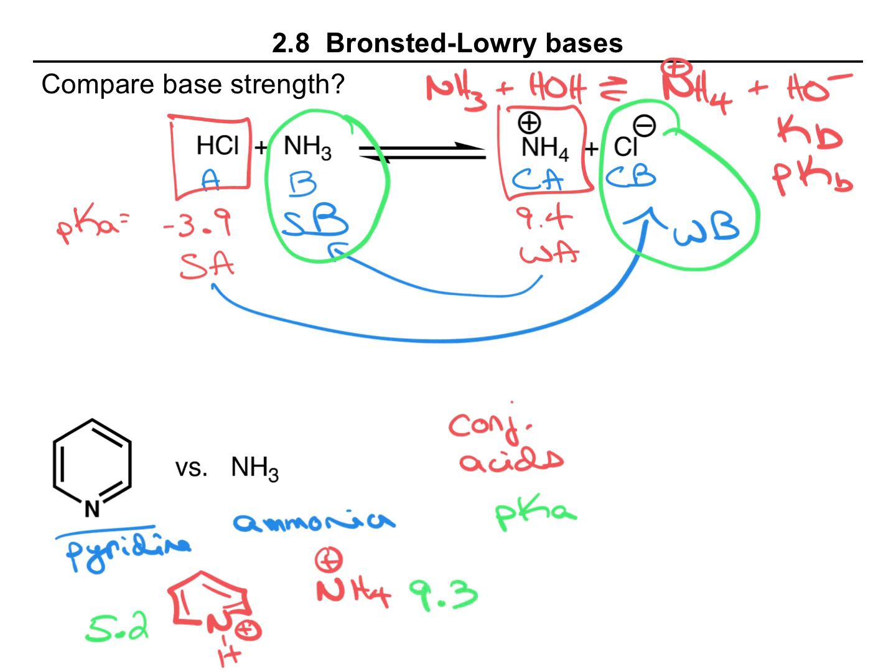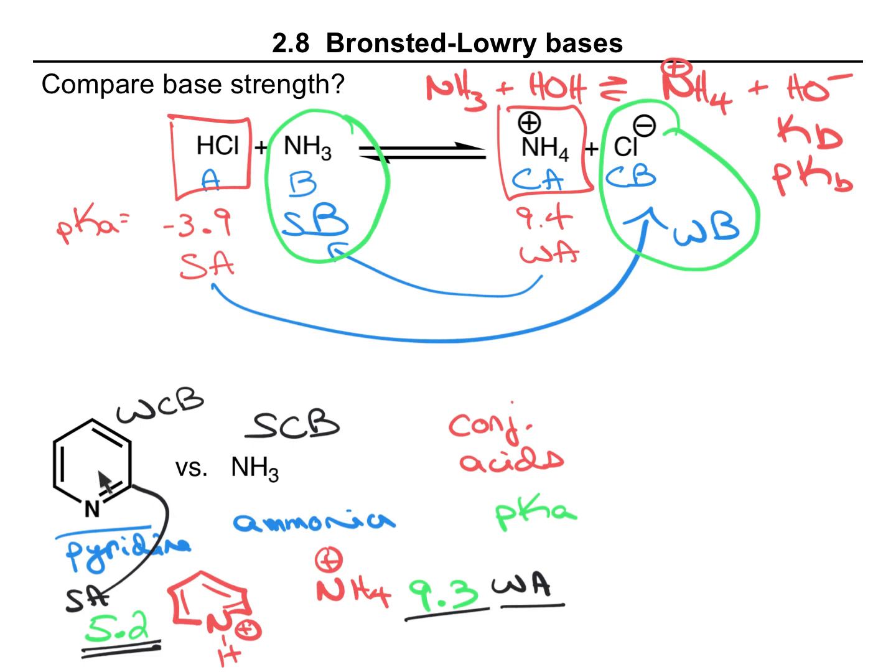So comparing our pKa values, 5.2 compared to 9.3, this is the smaller pKa, which means this is the stronger acid, therefore this one is the weaker acid. But the stronger acid has the weaker conjugate base, and the weaker acid has the stronger conjugate base. So by using the pKa values of the conjugate acids, we can determine which one is the stronger base. So ammonia is a stronger base than pyridine.